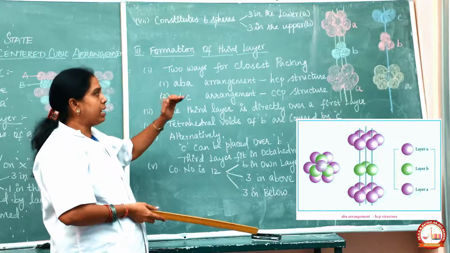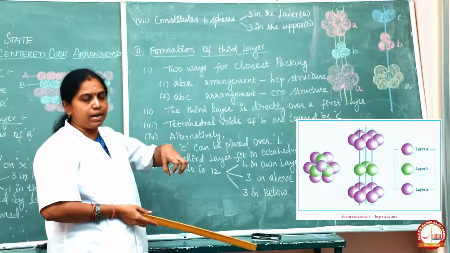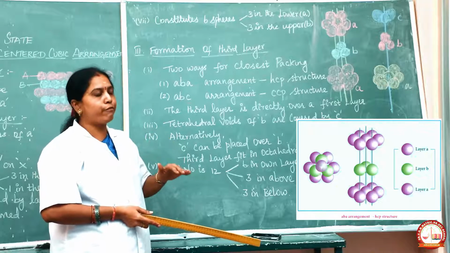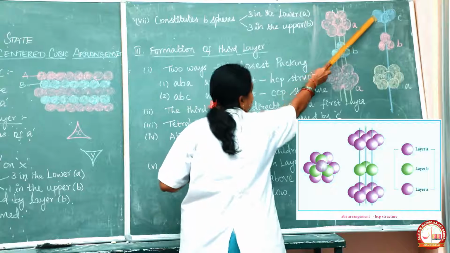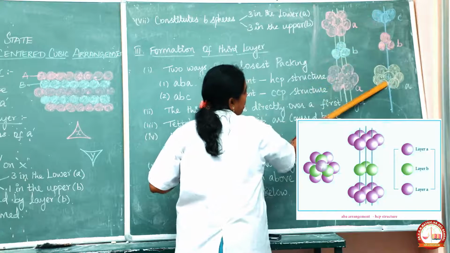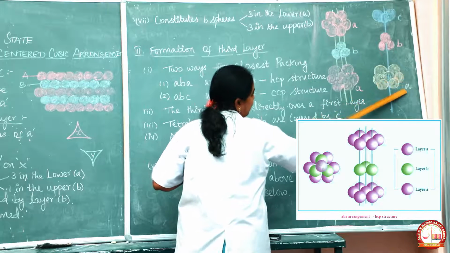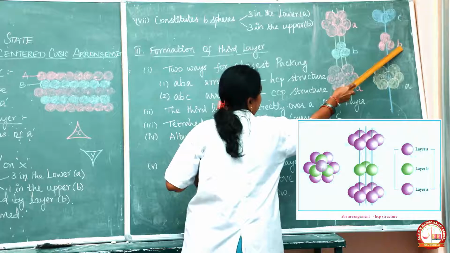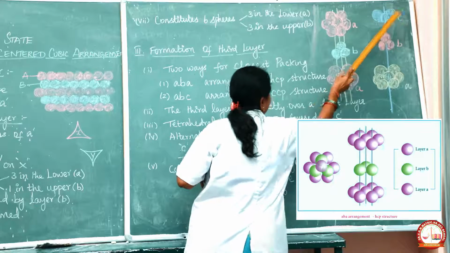So this third layer is fitted in the depression of the second layer. It is totally different from that of the first layer. So we are designating this as A first layer, second layer as B, and the third layer as C.